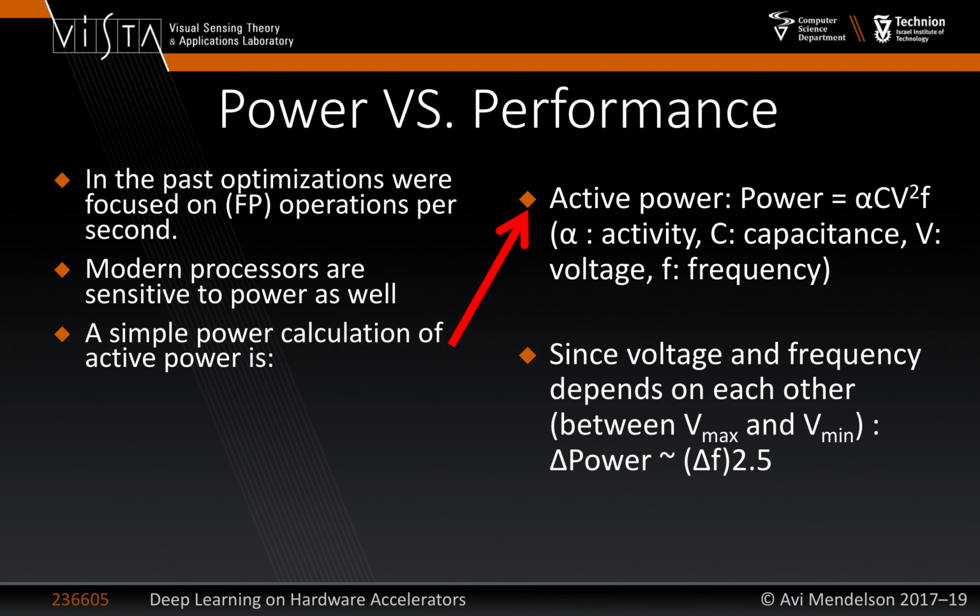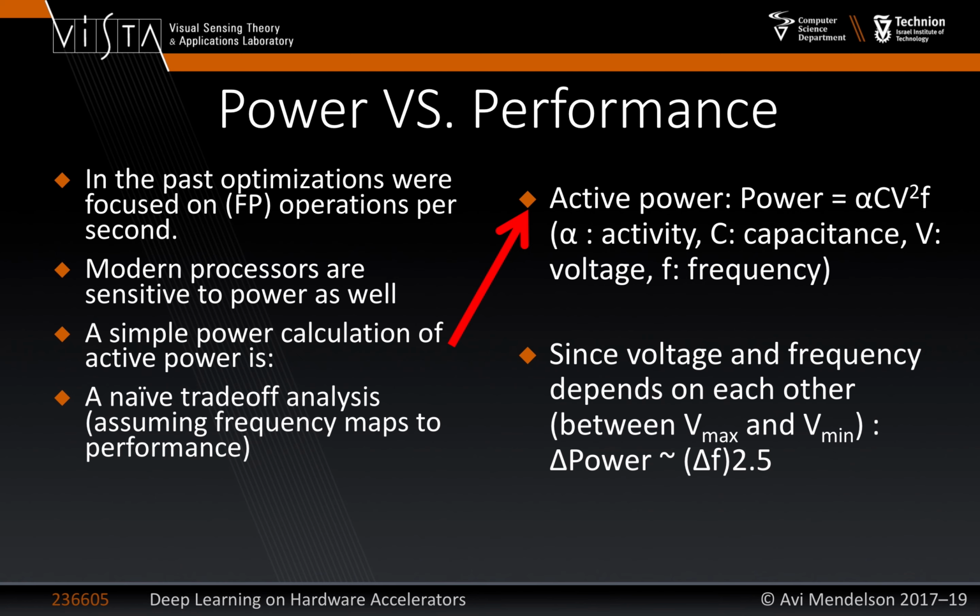Now, usually since the voltage and frequency depend on each other, which means that when you grow up or down the voltage and frequency, you change both of them, the delta power is approximated by delta frequency to the power of 2.5. So this is a good approximation.